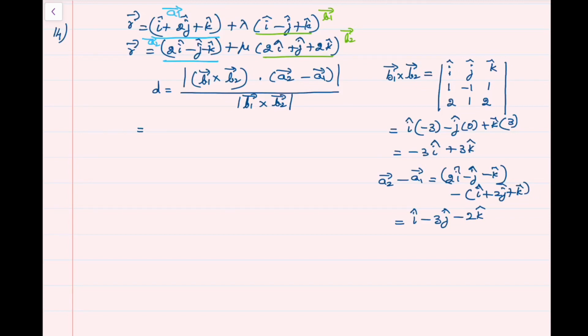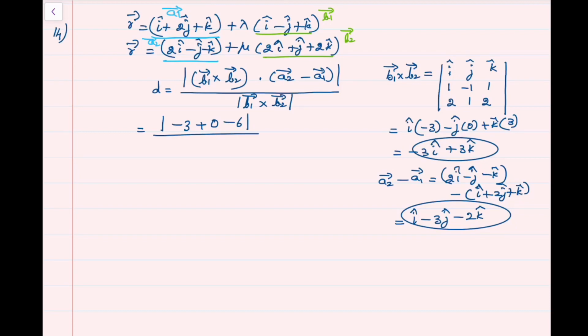Let us substitute in the formula. The numerator is the dot product of these two vectors. Let us multiply the corresponding components: minus 3, and j component is 0, and minus 6.